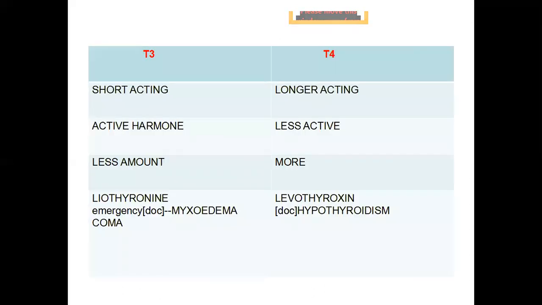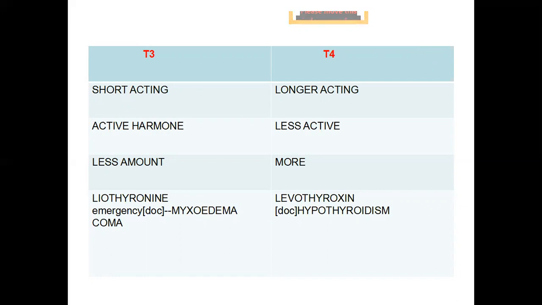Why do we prefer T4 over T3? T4 is longer acting, so the dosage schedule will be once a day. T4 is less active, and T3 is more active. Anyway, in peripheral conversion, T4 is converted into T3, and in the body, T3 is in lesser amounts and T4 is in more amounts.